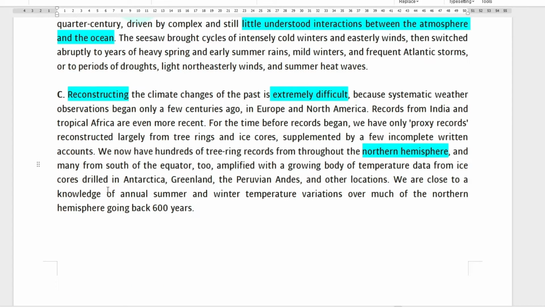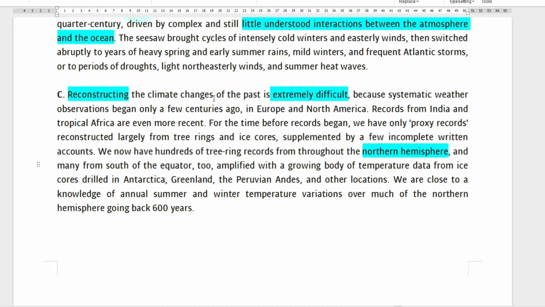All right, so we're close to a knowledge of annual summer and winter temperature variations over much of the modern hemisphere going back 600 years. Okay, so it's saying proxy records, some sort of systematic weather observations.